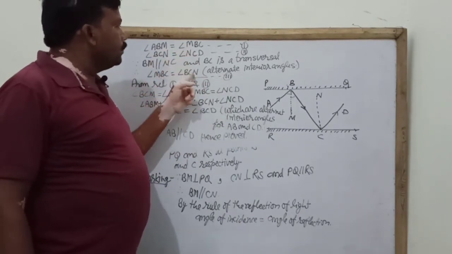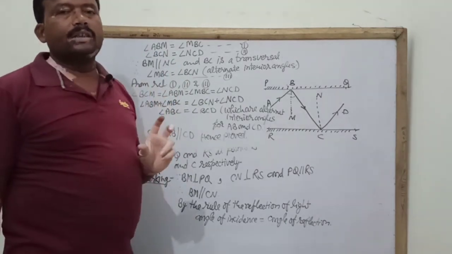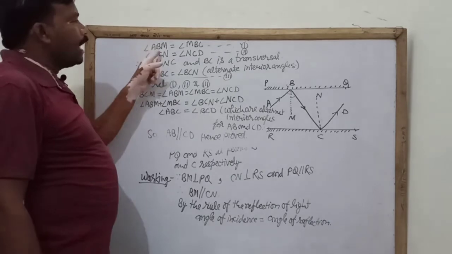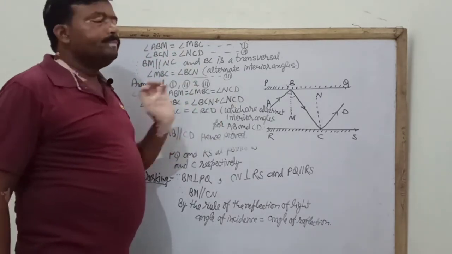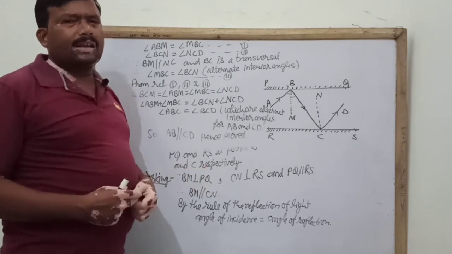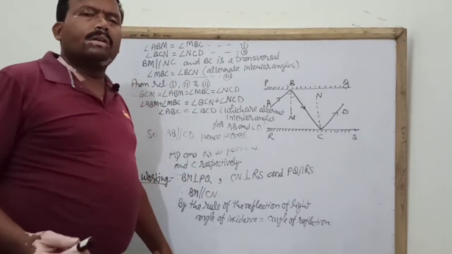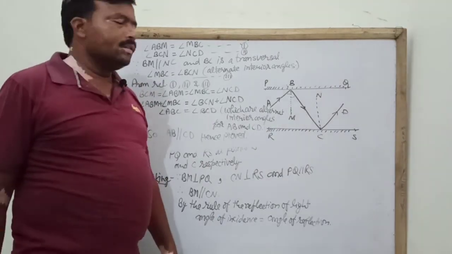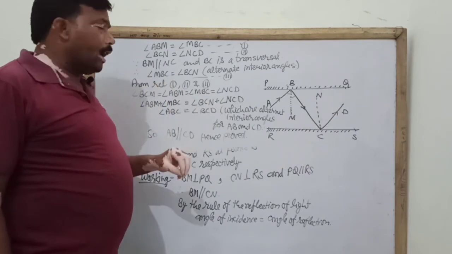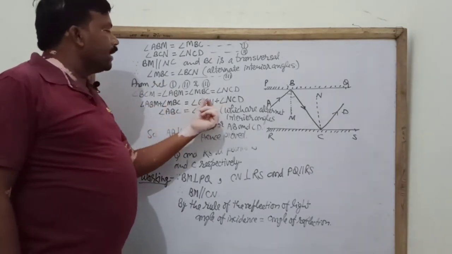There are three relations between the angles. By these relations, we have found that all four angles are equal. Then, since all four angles are equal, the sum of any two angles is equal to the sum of the remaining two angles. Now, the sum of these two angles is this, and these two angles is this.